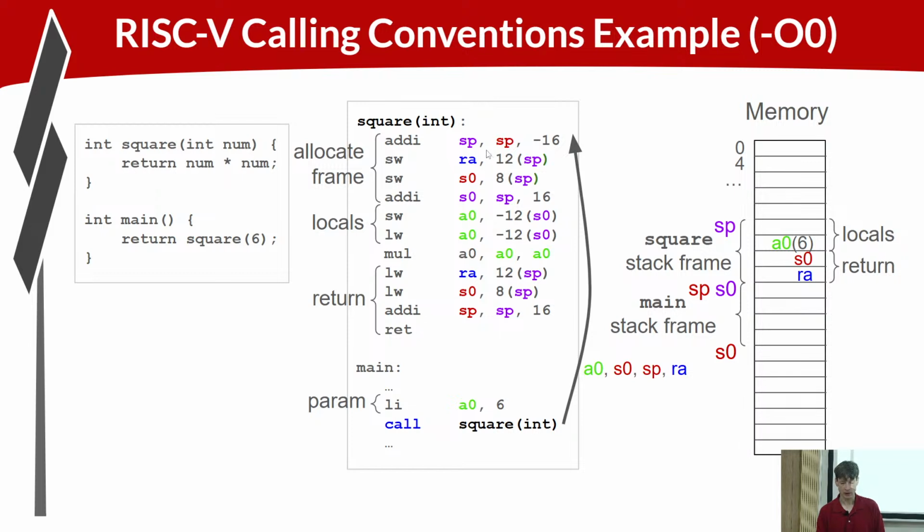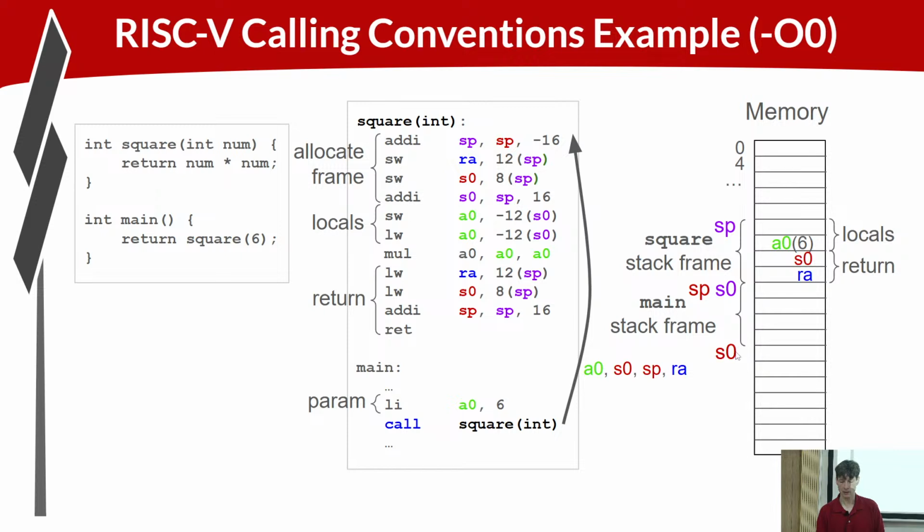Again, this is unoptimized code. We don't need this load. RA is already set up. But if this function were to call other functions, that register would be used for other purposes, and we would need the load. And then we're reestablishing the stack pointer, which again, we wouldn't actually have to load, but we're loading it from memory.